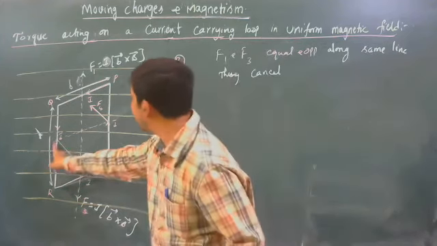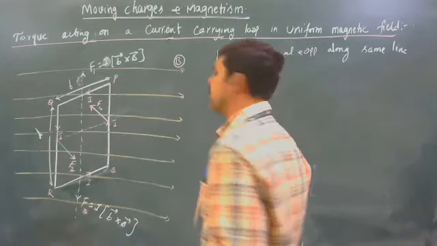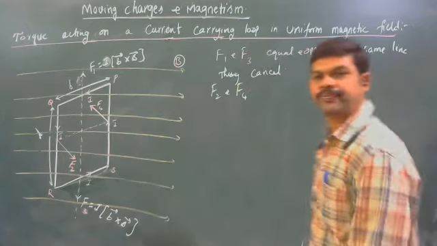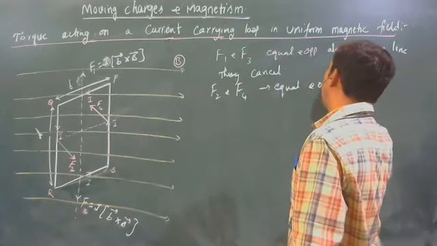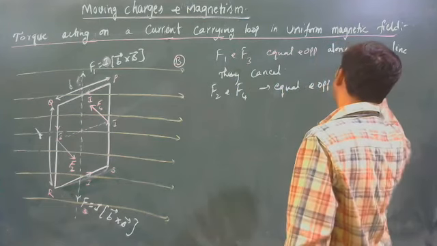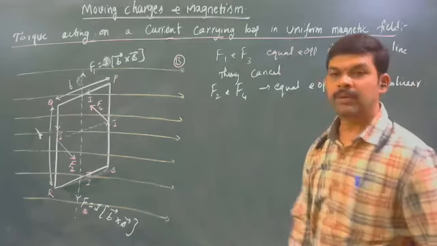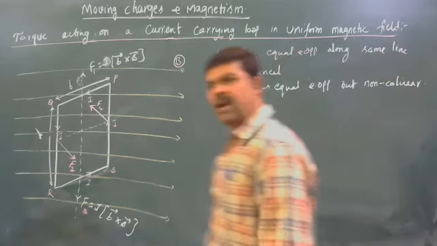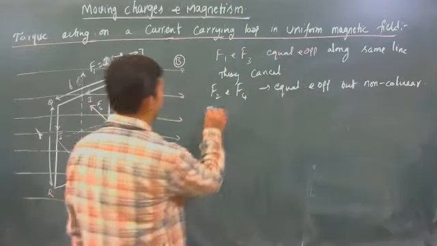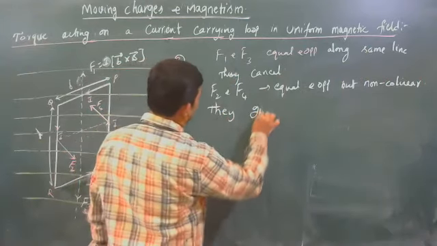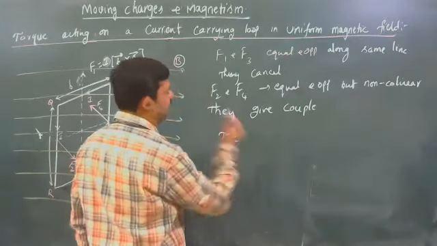What about this F2 and F4? F2 and F4 are equal, opposite, but non-collinear. Yes or no? Yes, sir. If they are non-collinear, they give a couple. What is the couple or torque acting?